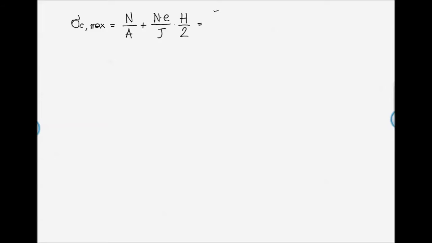So I'll write the formula with the numbers. Well, N is 5,000 kilonewton. We want the stresses in megapascals, so we will consider in the formulas Newton and millimeters.